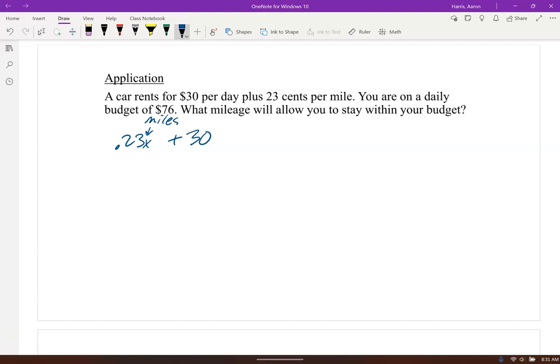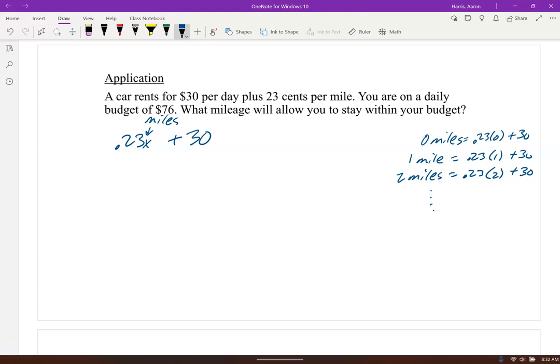Like for example, if you went 0 miles, it would be 0.23 times 0, but it's still a 30 bucks fee. If you went 1 mile, now it's 23 cents times 1 plus 30. In other words, $30.23. If you went 2 miles, 23 cents per mile, so 46 cents plus the $30 fee and so on, right?